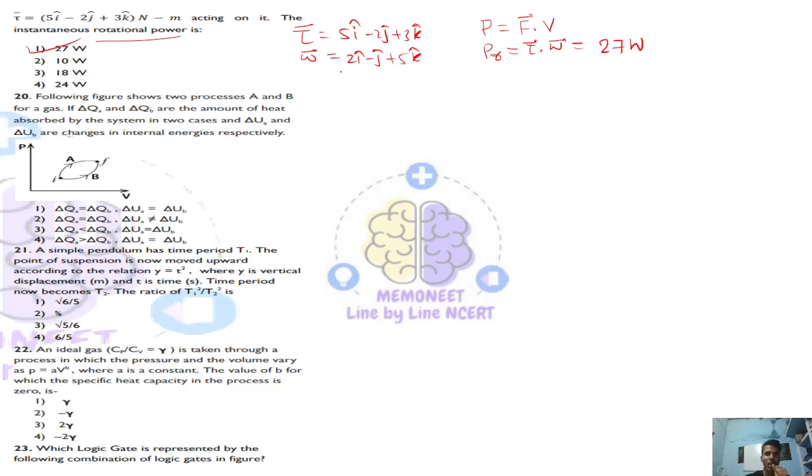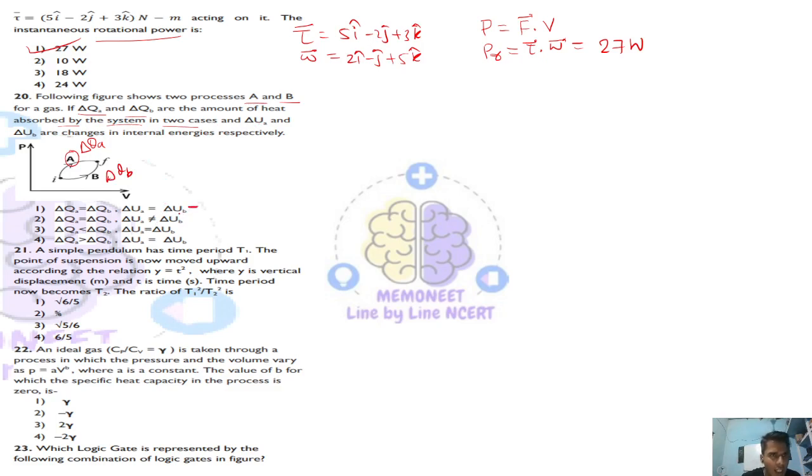Okay, now moving to the next question. The following figure shows two processes A and B for a gas. Delta Q1 and delta Q2 are the amounts of heat absorbed by the system in the two cases, delta QA in this case and delta QB in this case, and the internal energy change will be the same.